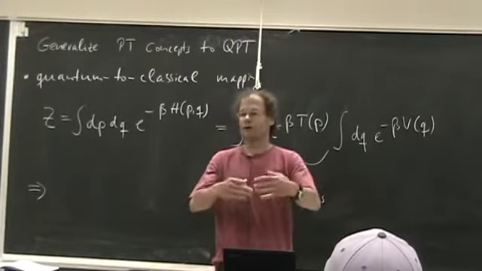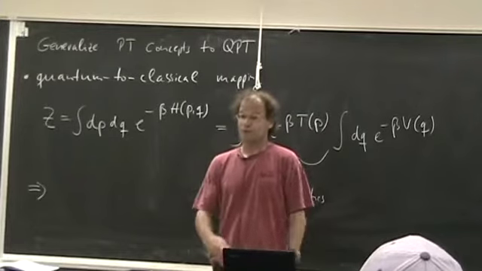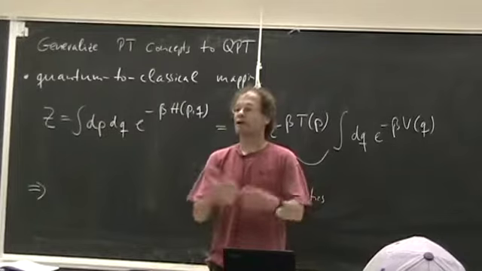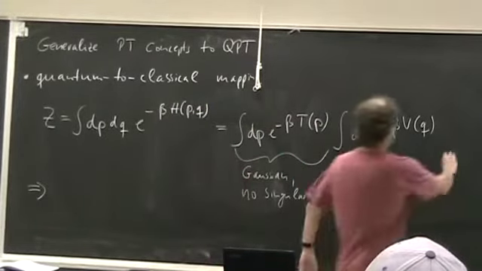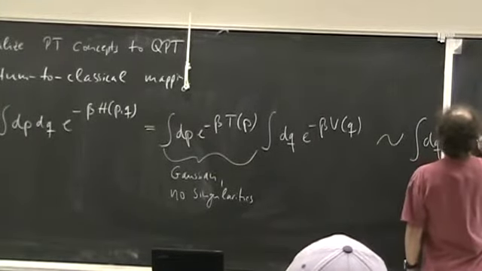It will produce some non-singular, smoothly varying function close to the phase transition point, which of course is important if you, let's say, want to know the precise value of Tc for a material, but it's not important if you're only interested in the singularities, the critical exponents. So therefore, for our purposes, this is as good as simply writing minus beta V of q.